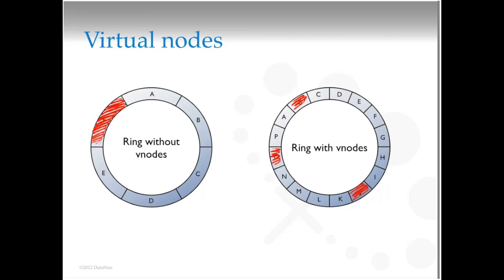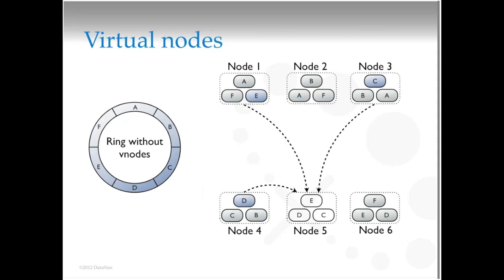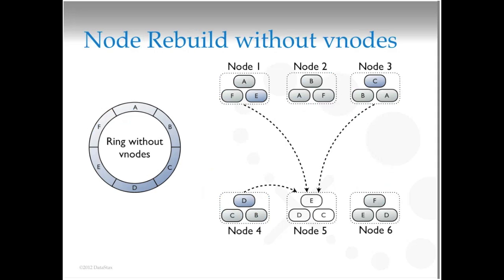There are a couple of places where this is particularly important: adding machines to the cluster or replacing them if you have a failure. Let's look at the failure case where I have a cluster and one of my machines dies, and it's not just a bad power supply or something that I can replace and bring the machine back up, but I've catastrophically lost all the data on that machine and I need to rebuild it.